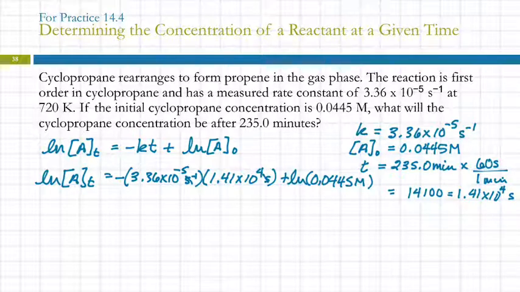So I'm going to do the math on the right side there. I'm getting negative 3.5860 and a bunch of other stuff. Anybody else get that number?